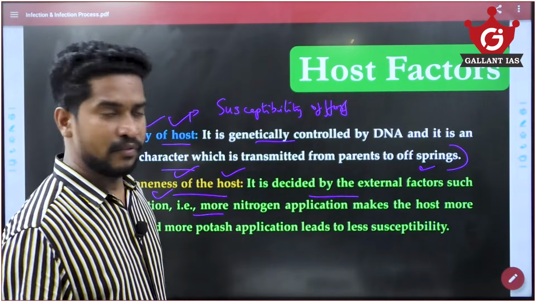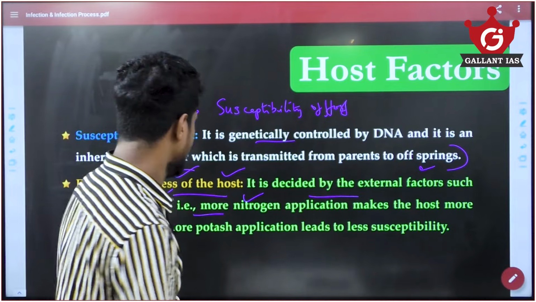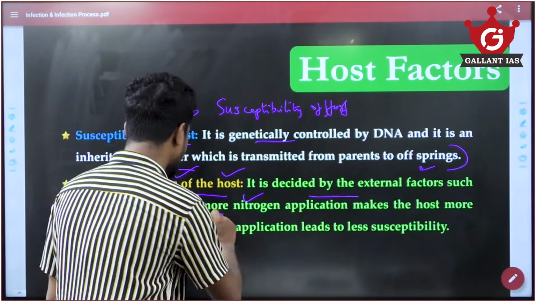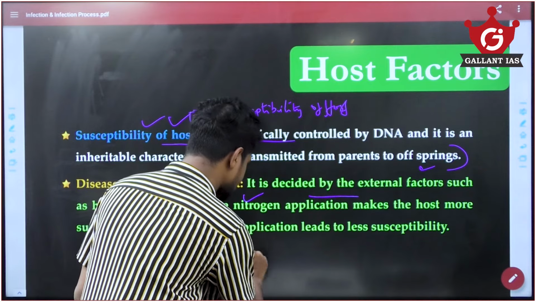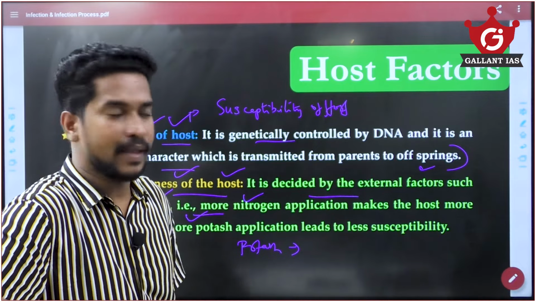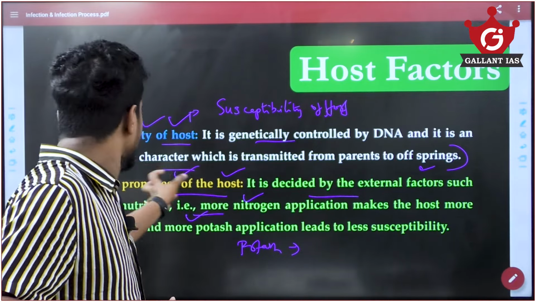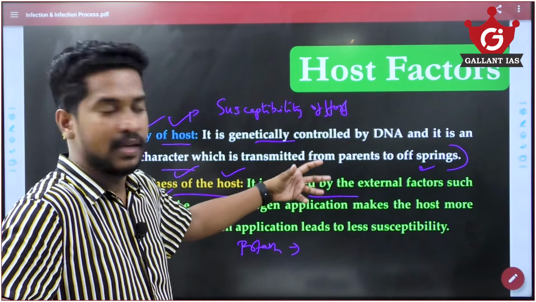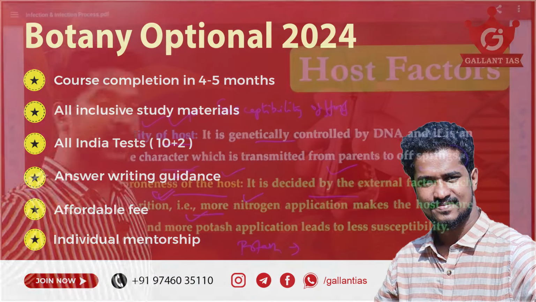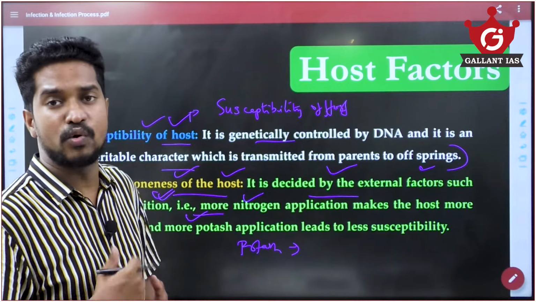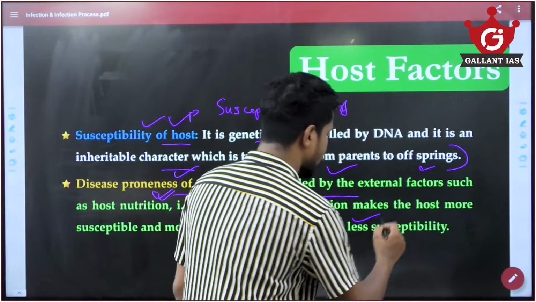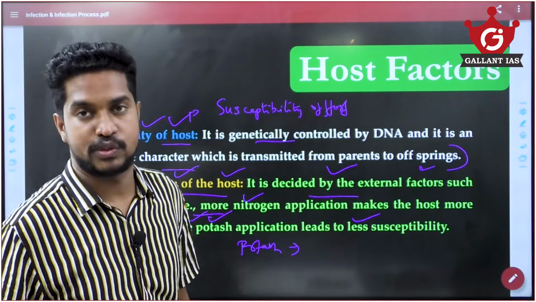For example, if more nitrogen is applied, it makes the host more susceptible, and more potash application leads to less susceptibility of the host.